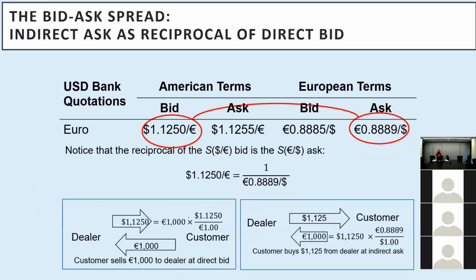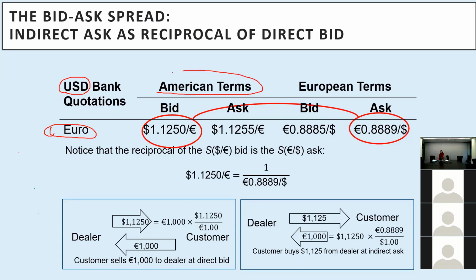Okay. So let's look at how we combine the bid and ask prices and the indirect and direct quotation together, right? So when we combine them together, how does the bid and ask look like? So if we look at this example here, we have a quote for the euro against the USD, yeah?